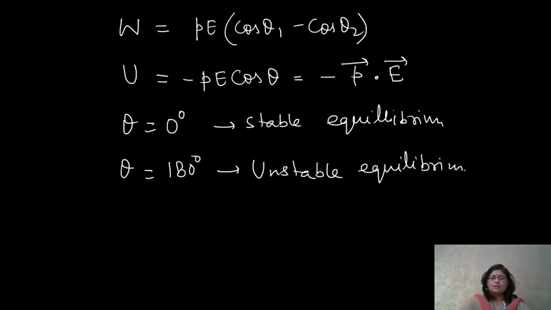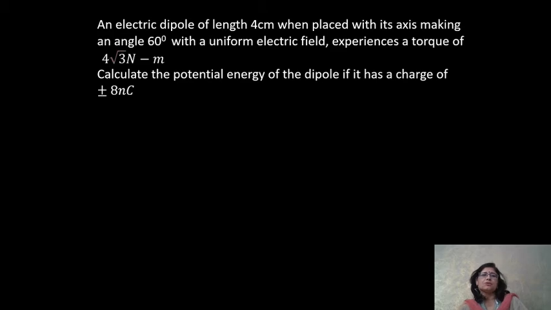Now students, we do some questions based on this formula. First question is this. An electric dipole of length 4 cm, when placed with its axis making an angle 60 degree with a uniform electric field, experiences a torque of 4√3 Newton meter. Calculate the potential energy of the dipole if it has a charge of plus minus 8 nanocoulomb. So, first of all, we have to write the given quantities.